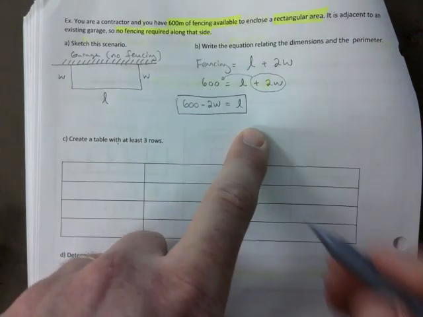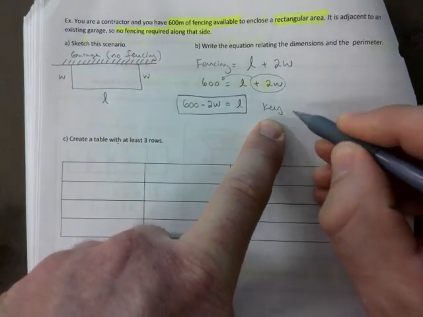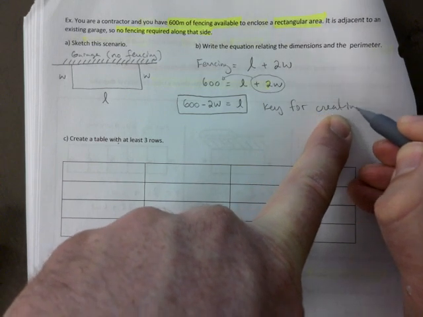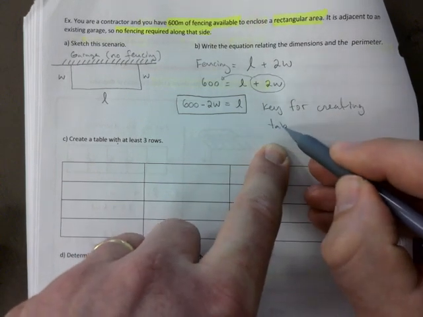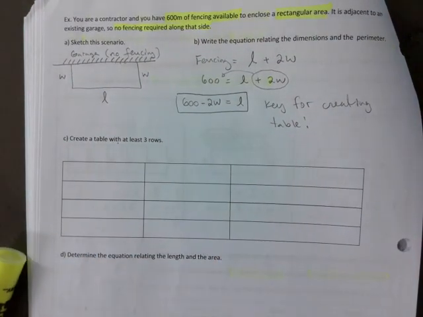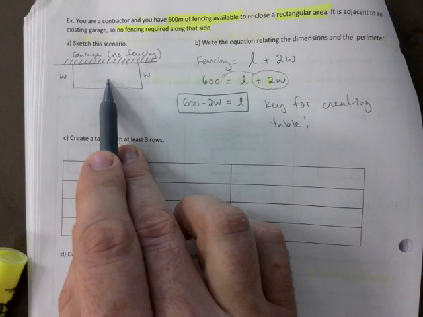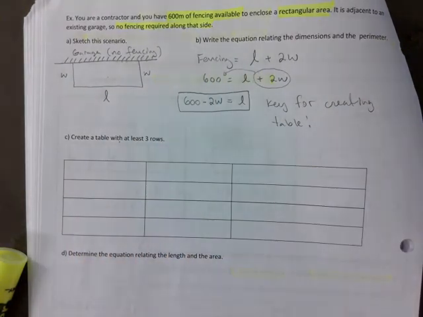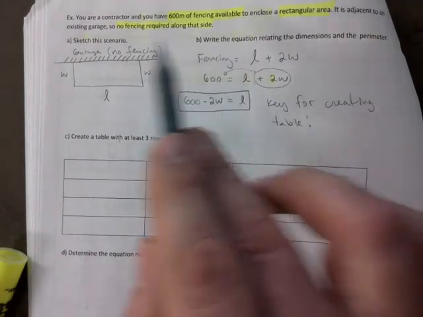That is key for creating the table. That is the key point, right? Your diagram, and you do this: you have this much fencing, length plus 2 width. This is based on my diagram.